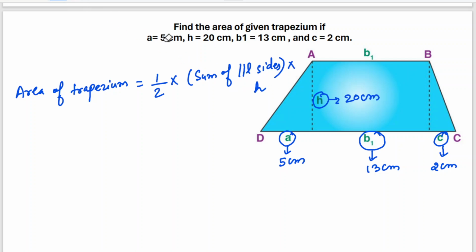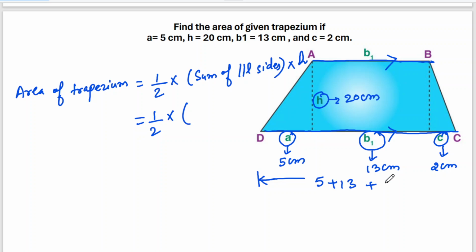Okay, so if I write this height h. So what is half into what is sum of parallel sides? See, this side and this side, they are parallel to each other. Okay, so what is the total length of this side? It is 5 plus 13 plus 2. Okay, this by centimeter.